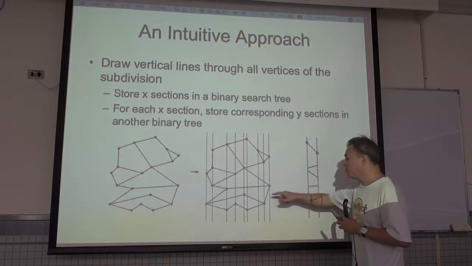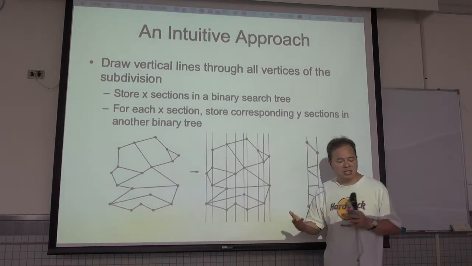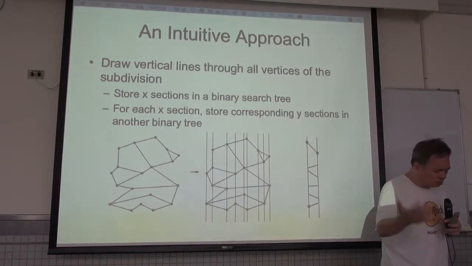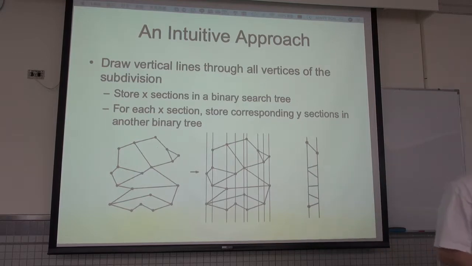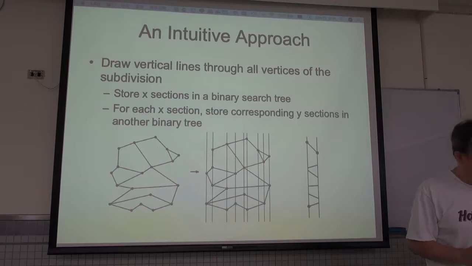Using these two points and the given point, you can identify whether the point is above the line segment, below it, or even on it. That's a trivial calculation which only takes constant time.